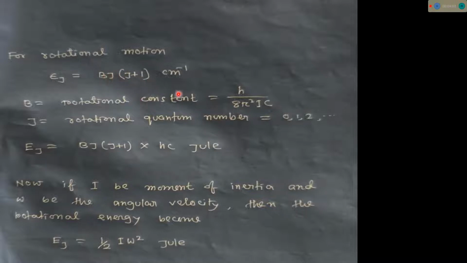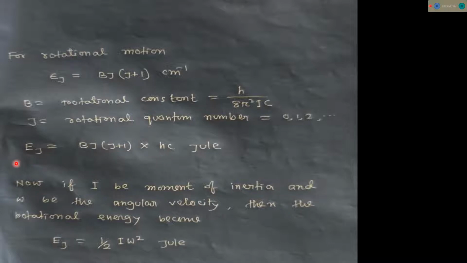B is the rotational constant, h upon 8 pi square I C, where I is the moment of inertia, C is the velocity of light, and J is the rotational quantum number 0, 1, 2, 3, 4, and so on. This is in centimeter inverse unit. If we want to write it in joule unit, we have to multiply this term by h and c, Planck constant and velocity of light. Now the whole energy expression is in joule unit.